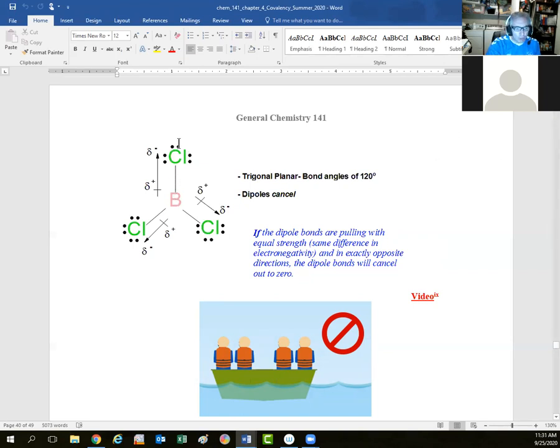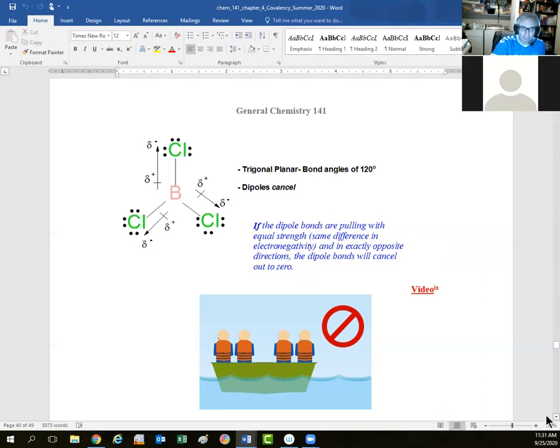We've got polar covalent bonds between boron and chlorine each time. But our molecule here is trigonal planar. The bonds stretch out to the corners of the triangle at 120 degrees each time, and they cancel out each other's effect. So it's another example of a molecule with polar bonds, but the molecule itself is not polar.